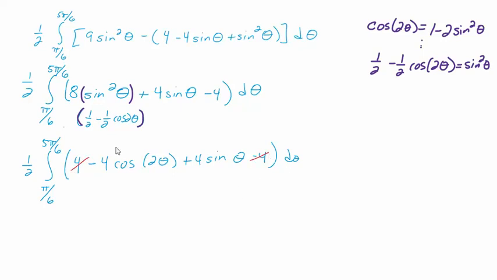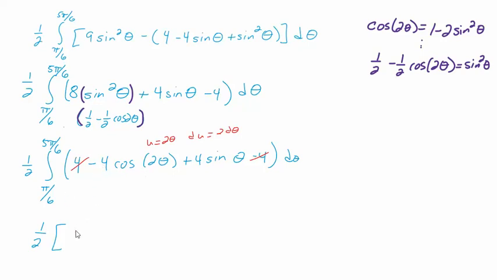Looks like we're ready. Okay, so take the integral. I'm going to get 1/2. And so you need to do a little u sub here, right? If you let u equal 2 theta, then du equals 2 d theta, and so you balance that out by putting a half here.